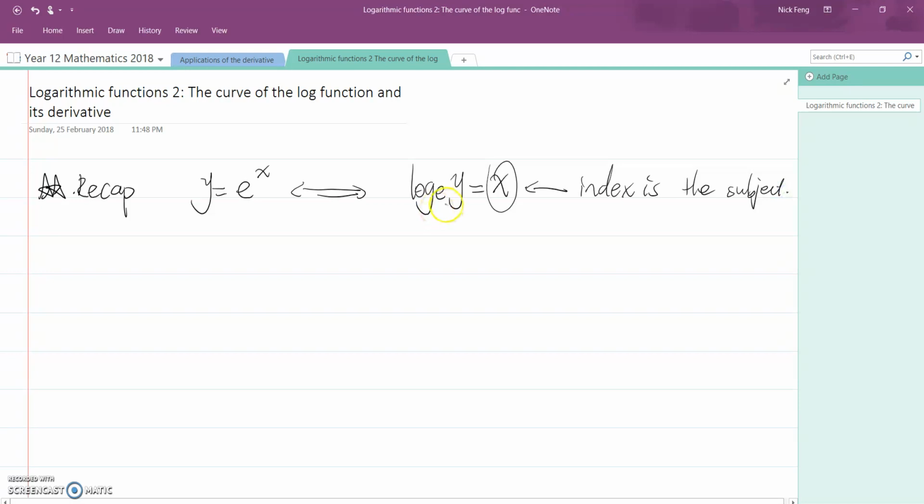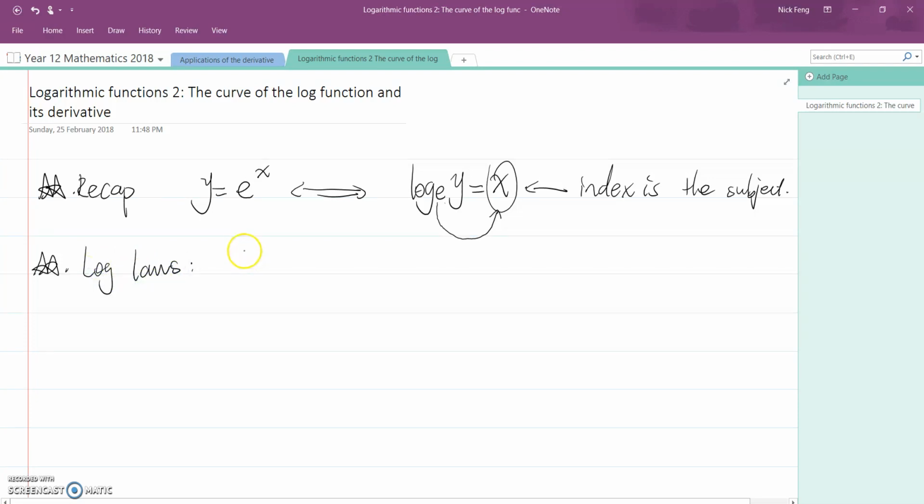So how do you read it? e to the power of x equals y. So they are actually equivalent. You have seen these log laws before.